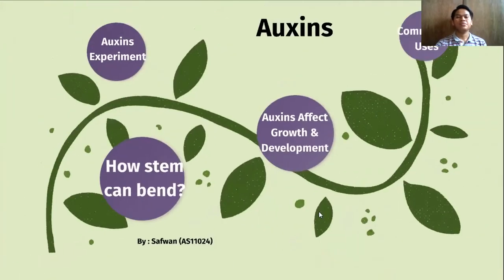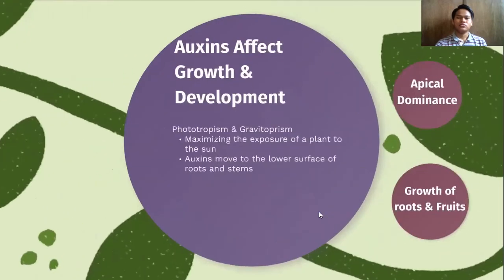Next, I will explain how auxins affect growth and development. Basically, auxins play a role in phototropism and gravitropism. In phototropism, it helps the plant to maximize its exposure to the sun.